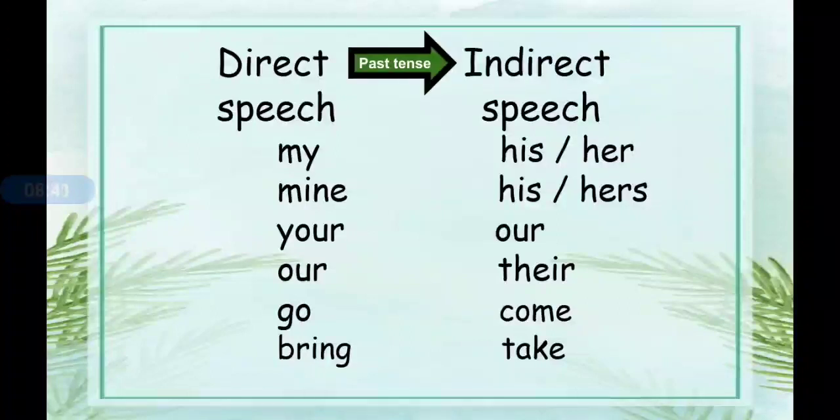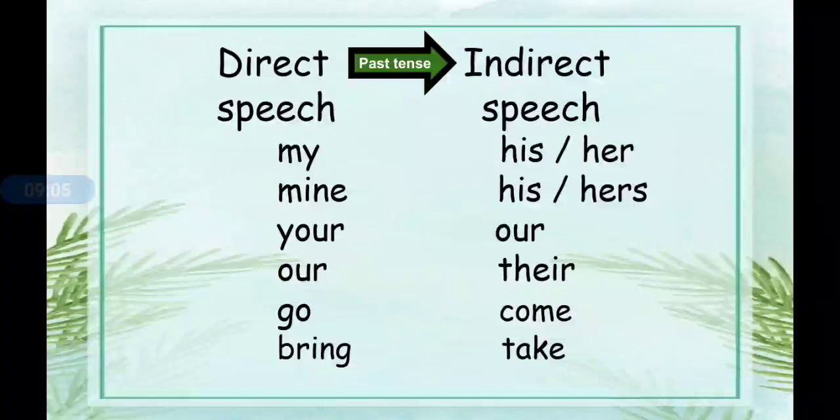Now, let us see how to convert direct speech into indirect speech when the reporting verb is in the past tense. First thing we need to do is identify the reporting verb. If the reporting verb is said or told or anything as such, that means it is in the past tense.